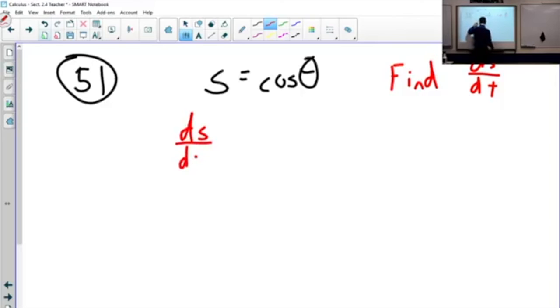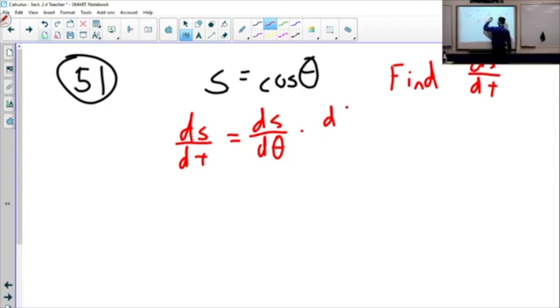The ds dt would equal ds d theta, which is the derivative that we're finding, that we can actually find on this side, times d theta dt, times how theta is changing over time.